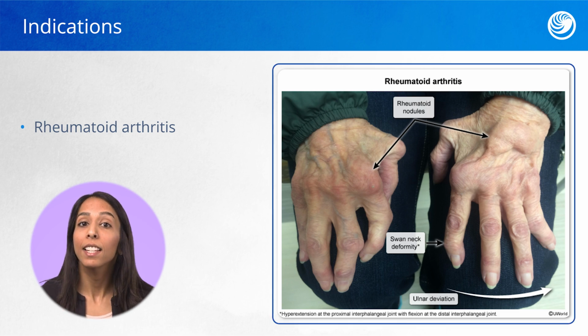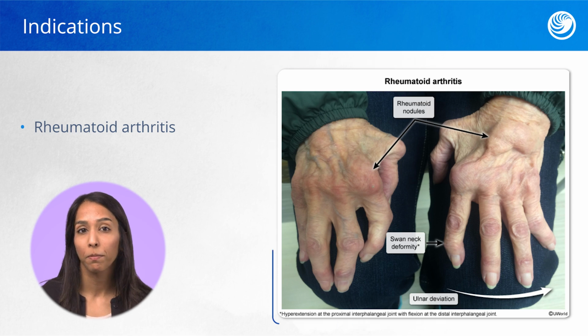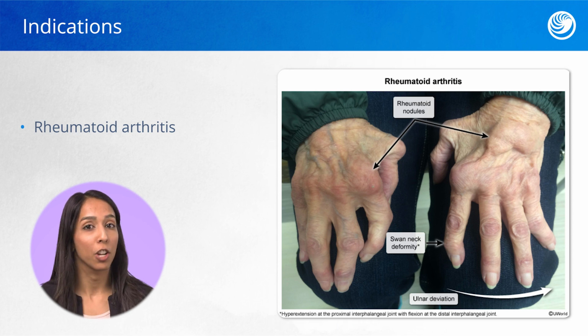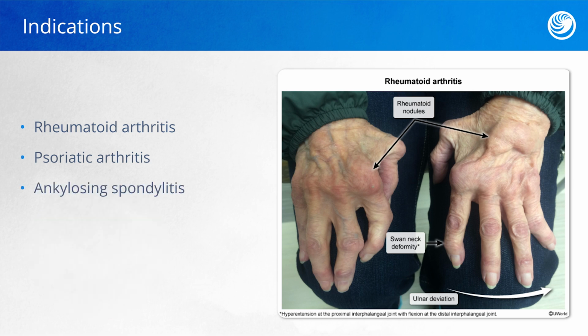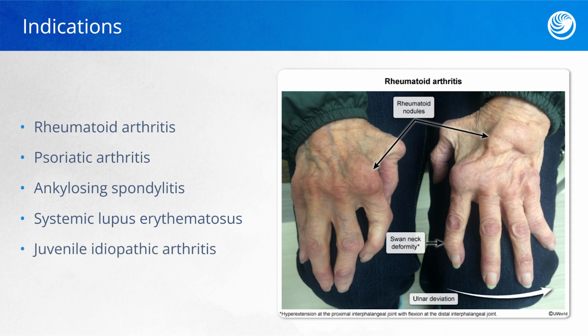You can again see an example of the clinical manifestations of this condition in this image. They can also be used for other autoimmune conditions, including psoriatic arthritis, ankylosing spondylitis, systemic lupus erythematosus, and juvenile idiopathic arthritis.